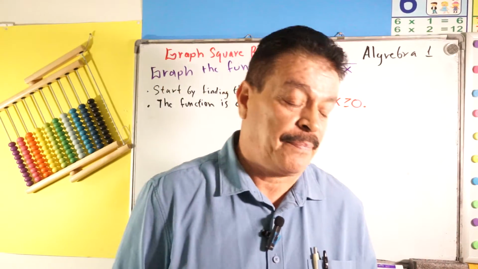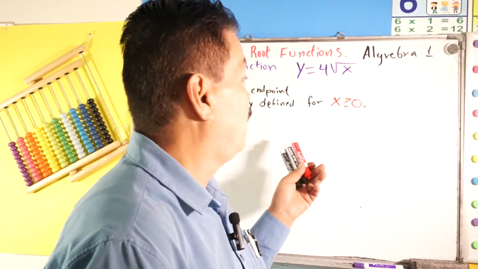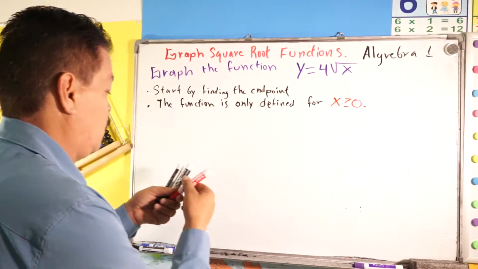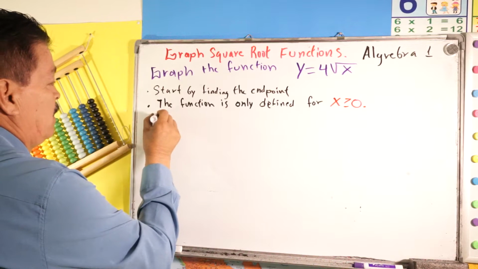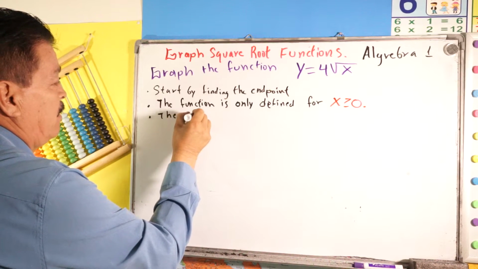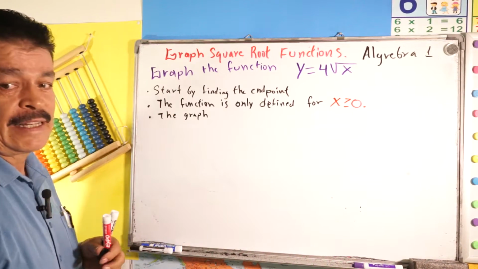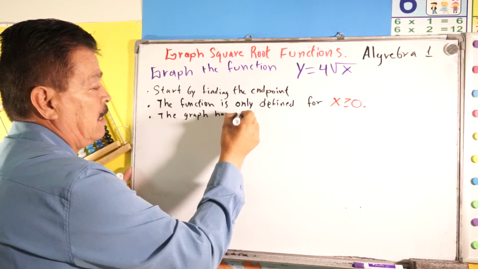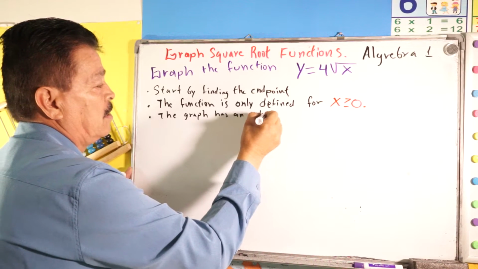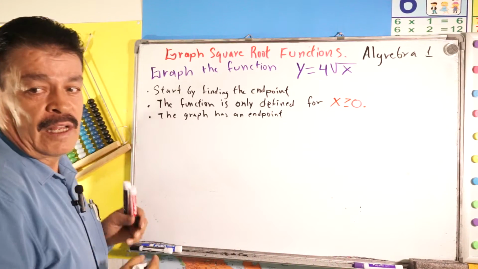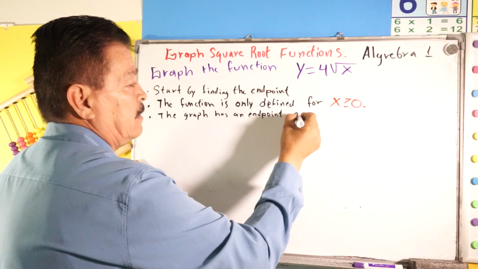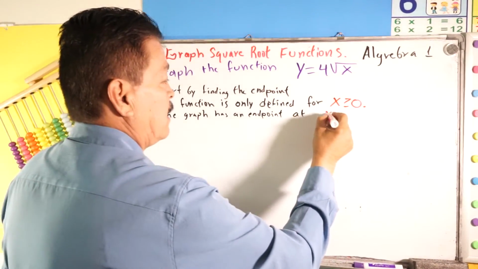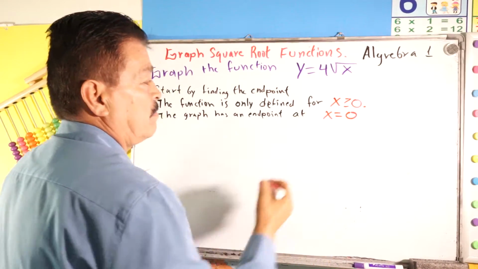So the graph has an endpoint at x equals 0.